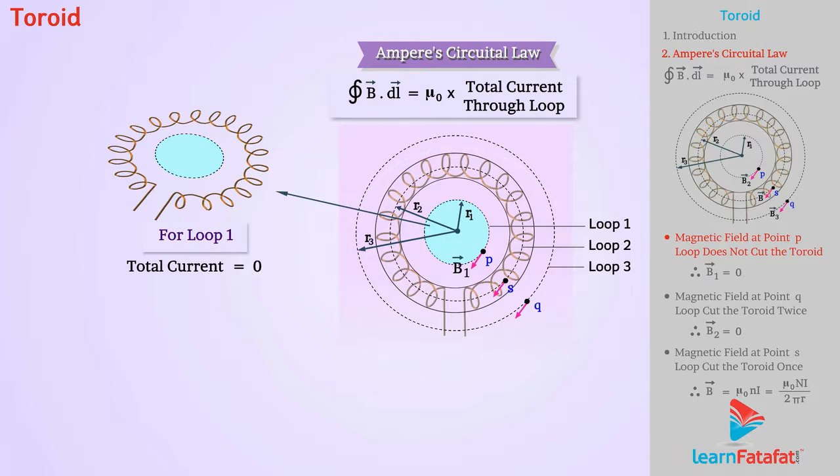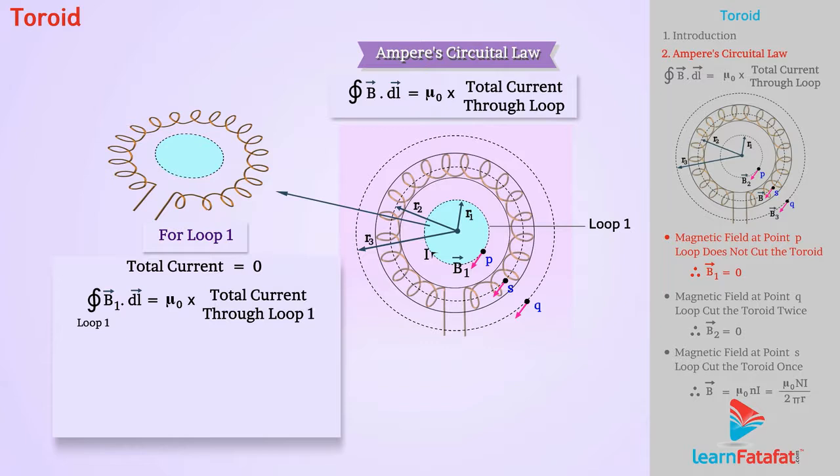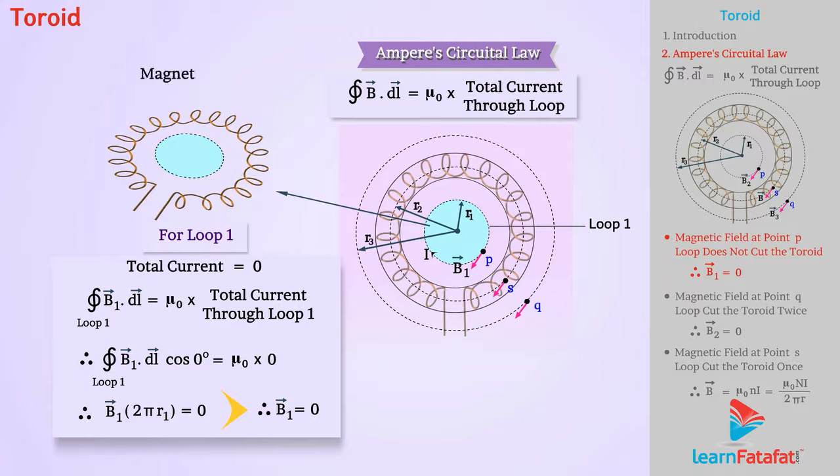If B1 is magnetic field at P, then according to Ampere's circuital law, line integral of loop 1 B1 dot dl equals mu0 into total current through loop 1, which gives us B1 equals 0. Thus, the magnetic field at any point P in the open space inside the toroid is 0.